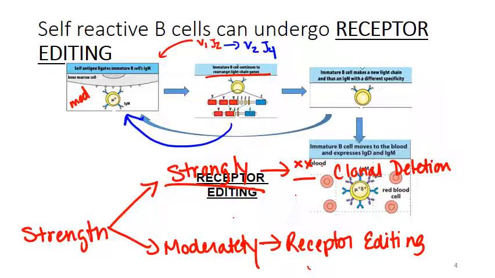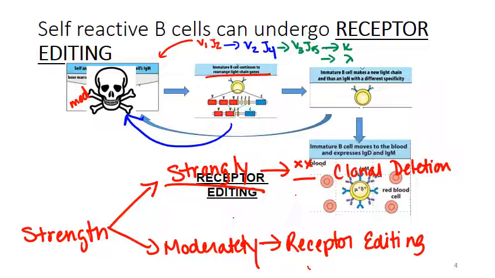And it'll go and it'll test it again. If it binds strongly this time, it'll die. If it binds moderately, it'll try again. It'll say, okay, we still didn't get it right. Let's try V3, J5, and so on and so forth until it uses up all of the kappa light chain options and all of the lambda light chain options.